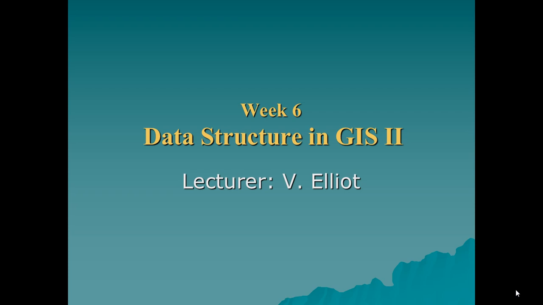Data structure in GIS refers to the way in which the data is stored on a computer for the purpose of reconstructing those models, whether the model is vector or raster data models. That is what we had focused on in lesson 5, and today we continue with this topic and look a bit more at data structure with regards to raster data.